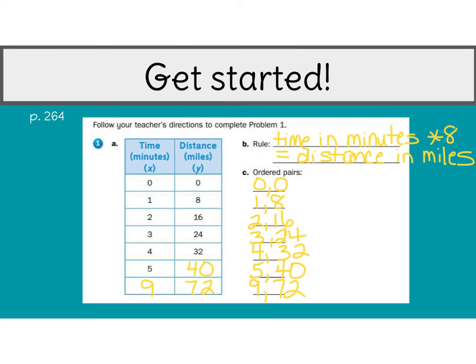And so there you have the first part of page 264. So what you're going to do next is you're going to plot those ordered pairs on a coordinate grid on the following page in your workbook.